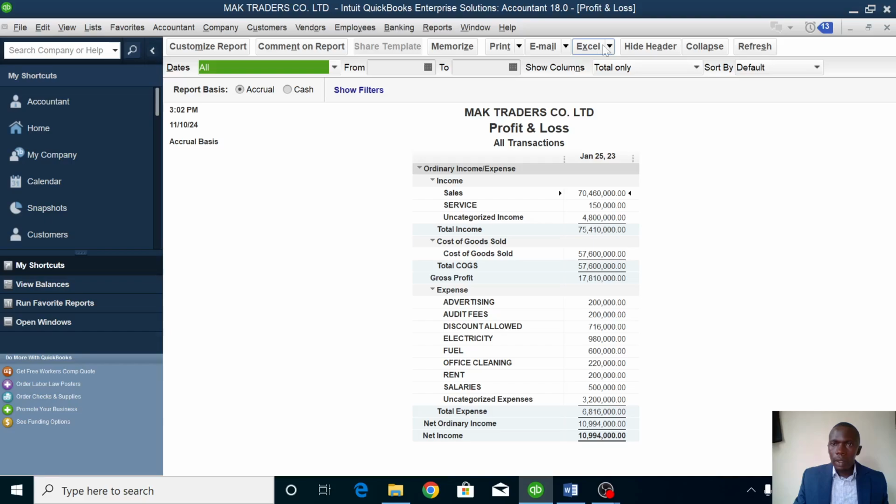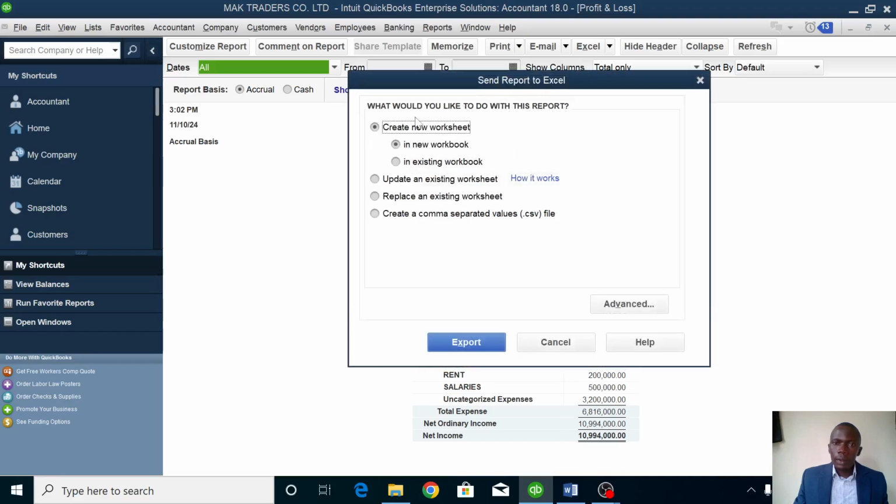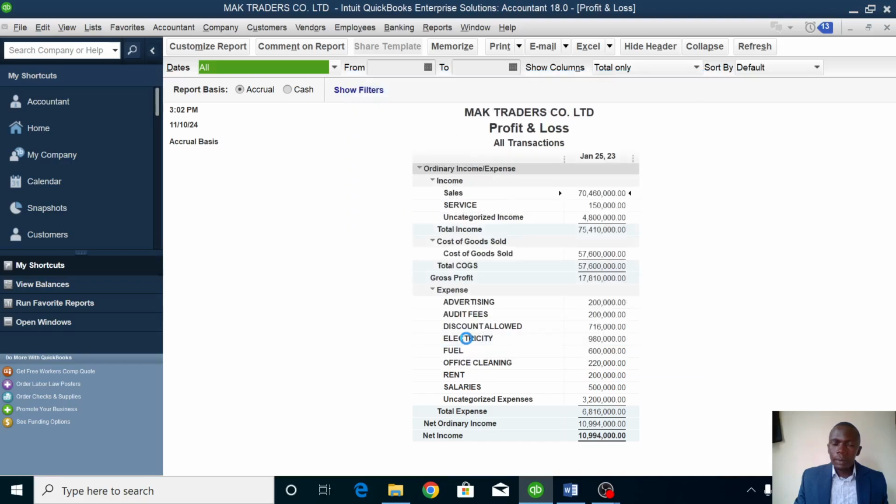We export to Excel. Our net income is that one. So go here, we create a new worksheet. Yes, we export. We wait for it to load.